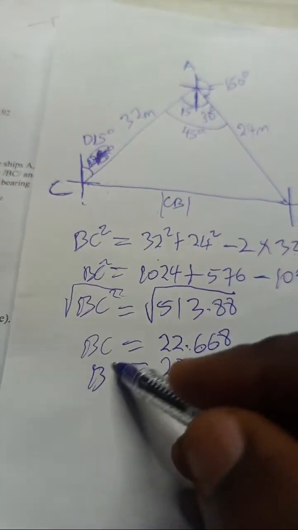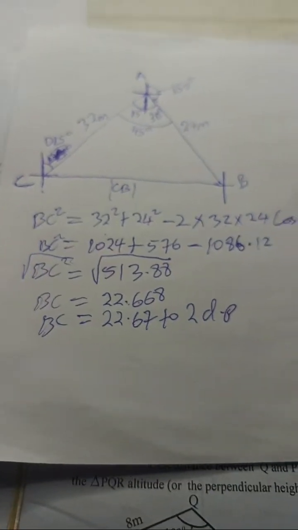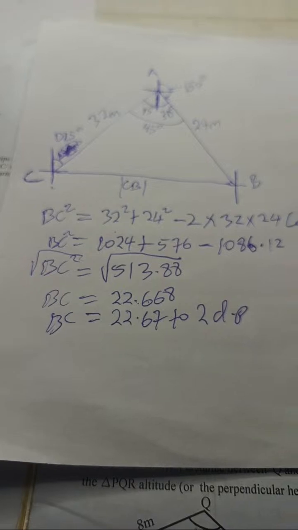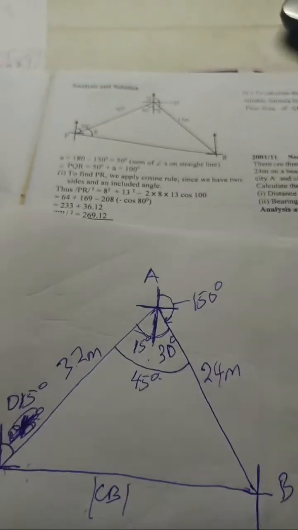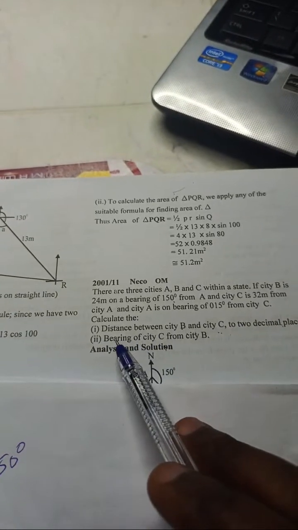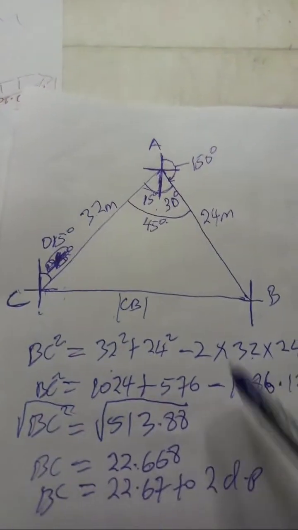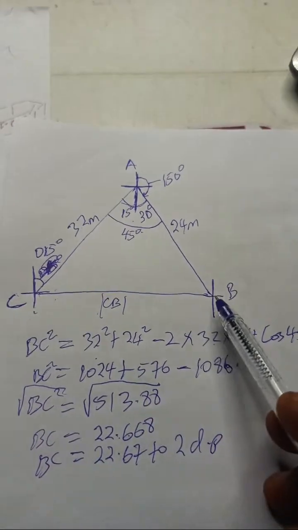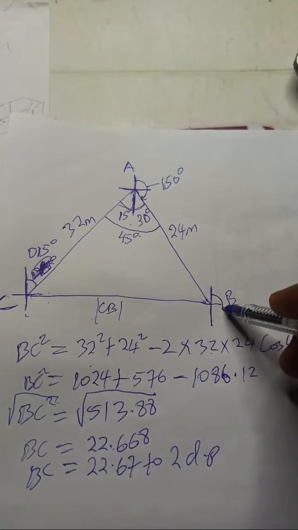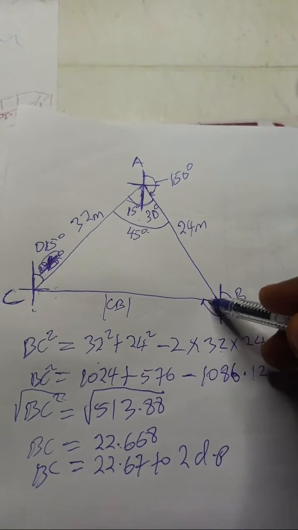So that's our BC. And the question again says we should find the bearing. The question says, find the bearing of city C from city B. It means we should find this from here to this place.